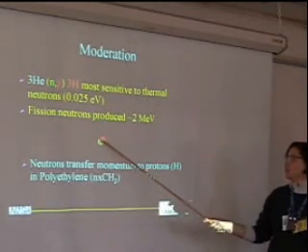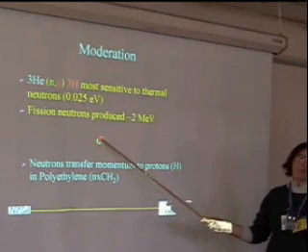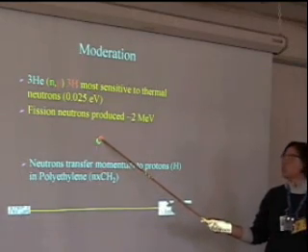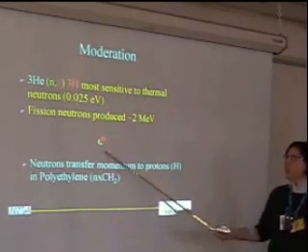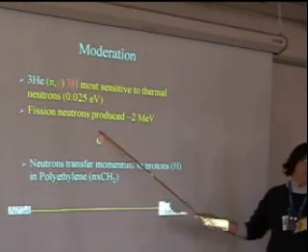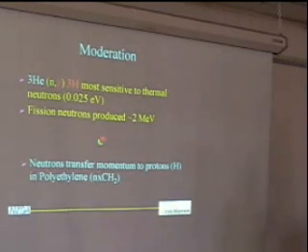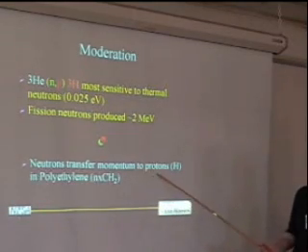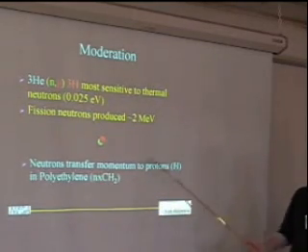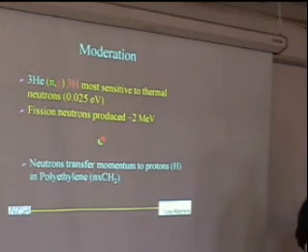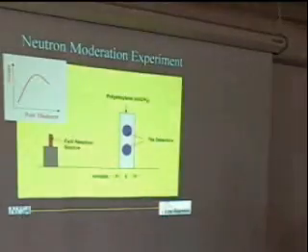So the neutron comes in, and since they are similar masses, just like billiards, the proton and the neutron go off with roughly half the energy of the incident neutron. And one of the most effective ways of doing this is using polyethylene, which has lots of protons.